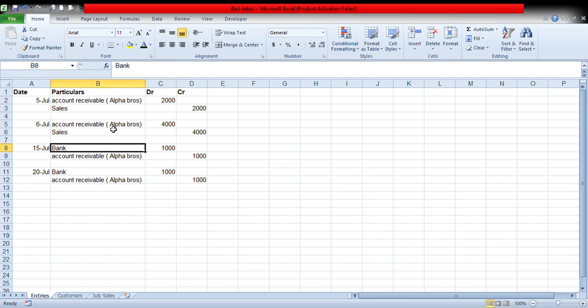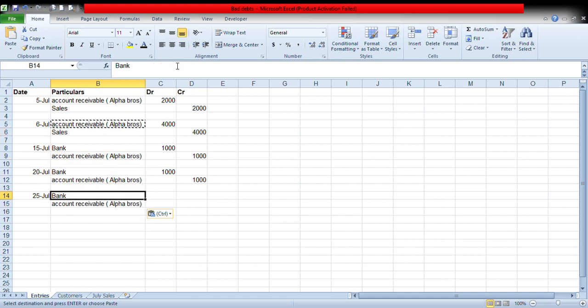Okay, for example, on 25th of July, I have to record this again, the bank debit. This time it is full payment of 4000. So account receivable credit 4000.